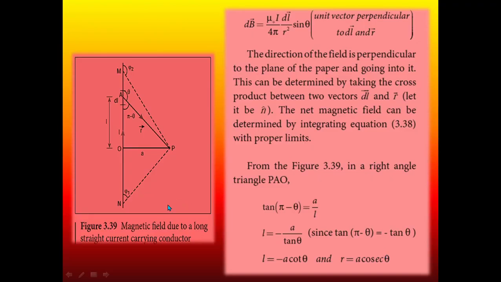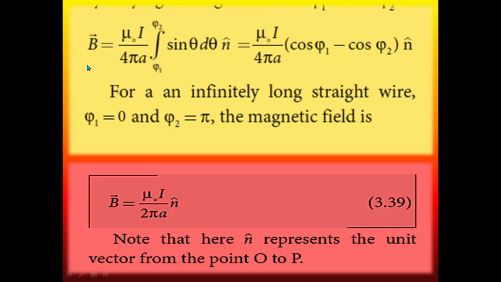Here, from this diagram, phi 1 to phi 2. B vector is mu naught I divided by 4 pi A, the constant value, so remove the constant value from the integration symbol. Mu naught I divided by 4 pi A integration of, we can substitute the limits phi 1 to phi 2, sin theta into d theta n cap.